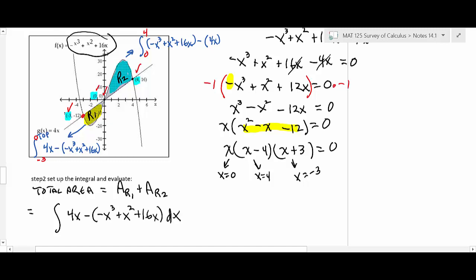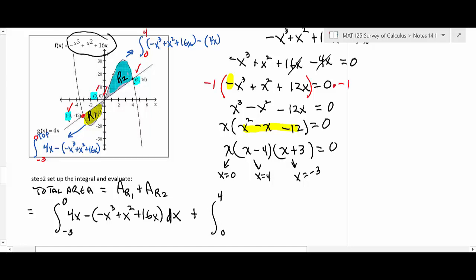And then we're integrating from negative 3 to 0. Okay, does that look okay to everybody? Why I'm doing that? Top curve's the line, 4x. Bottom curve's the curve. Negative 3 to 0. You're always going left to right when you integrate. Okay, x values. Okay, then the second integral is going to be the integral from 0 to 4 now. And now everything flip-flops.